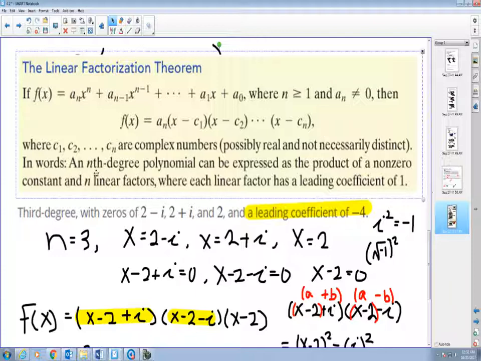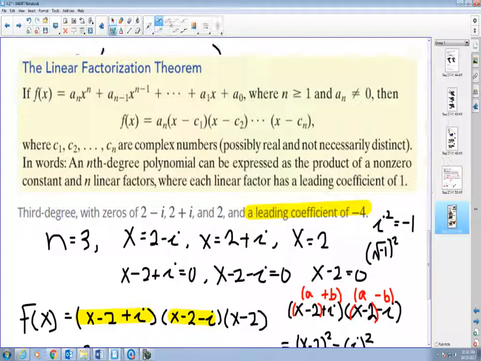In other words, an nth degree polynomial can be expressed as a product of a non-zero constant and n linear factors, where each linear factor has a leading coefficient of 1.